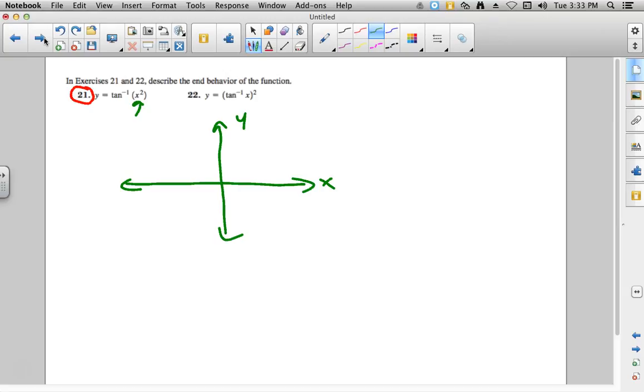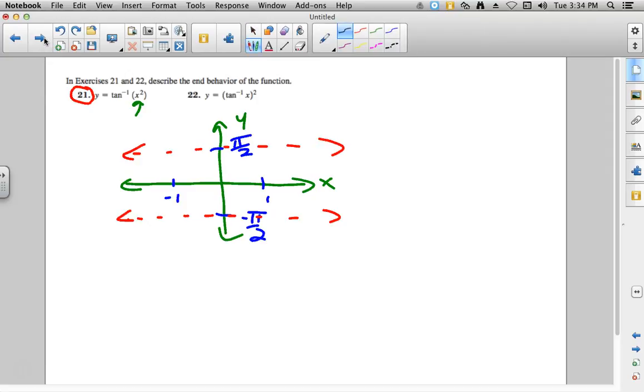No matter what we put in for x, we are going to have a new domain and a new range, negative pi over 2 to pi over 2. And in fact, these are asymptotes. When we graphed the inverse tangent by switching the domain and the range, that was what we got. And you can see right there that the asymptotes are negative pi over 2 and pi over 2.